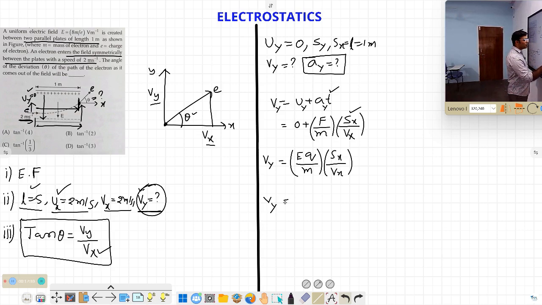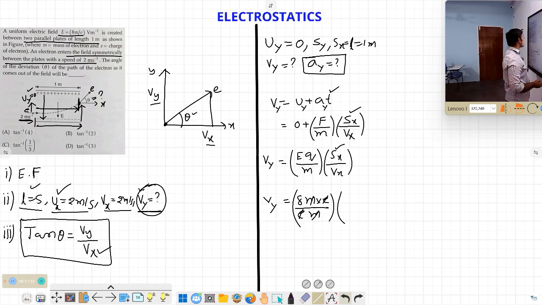So vy is equal to, what is the electric field? Now you can substitute here. They gave the electric field value very clearly, 8 into m by e. And into q, the charge; here the electron's charge is e, divided by m. So e gets cancelled, m gets cancelled. Now what is Sx?